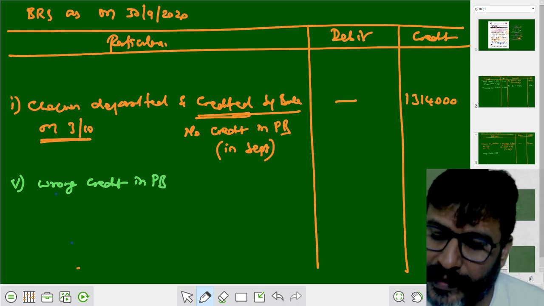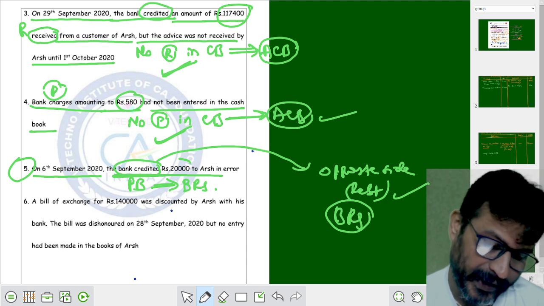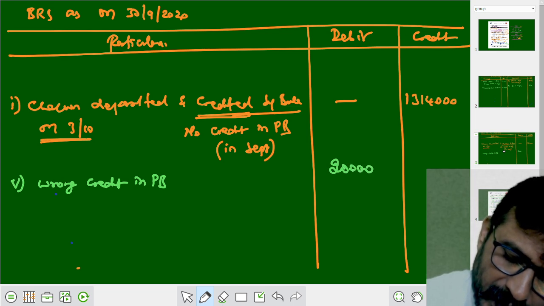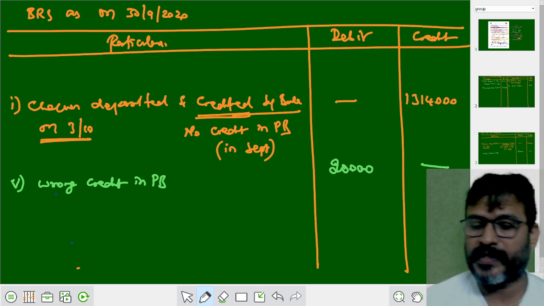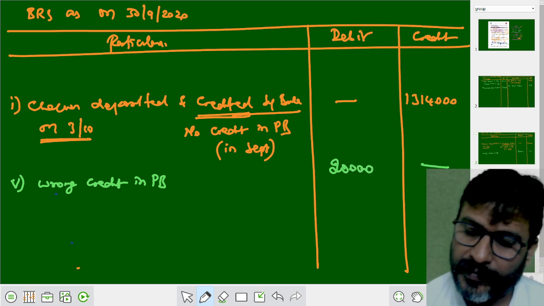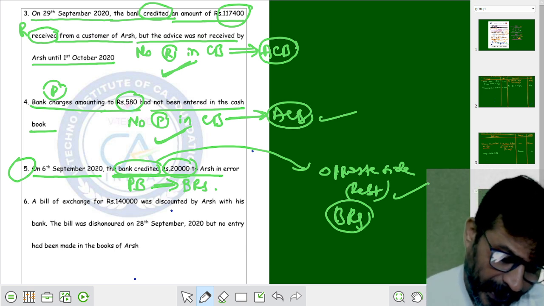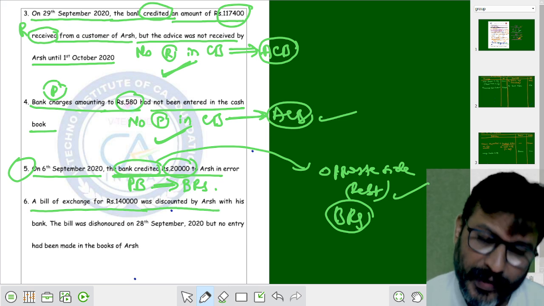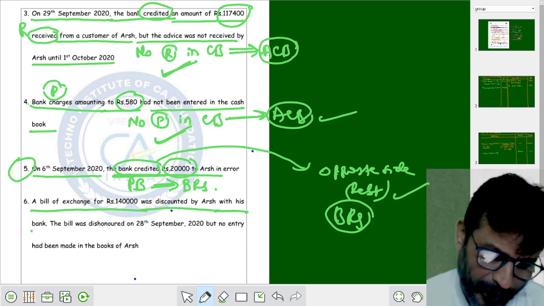Where should I take it? On the debit side. How much amount? It is rupees 20,000. So I should take 20,000 rupees on the debit side. Fine. See the next one. A bill of exchange of 1,40,000 was discounted by Arsh with his bank.